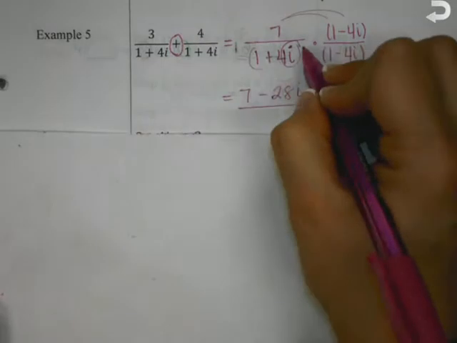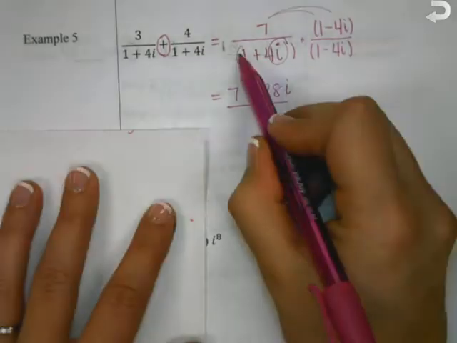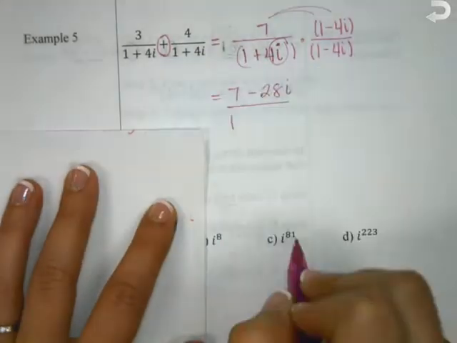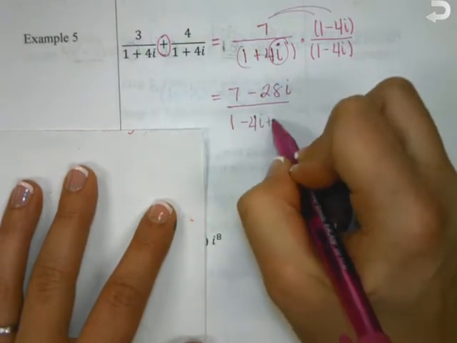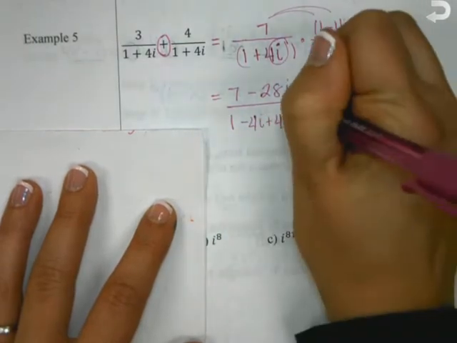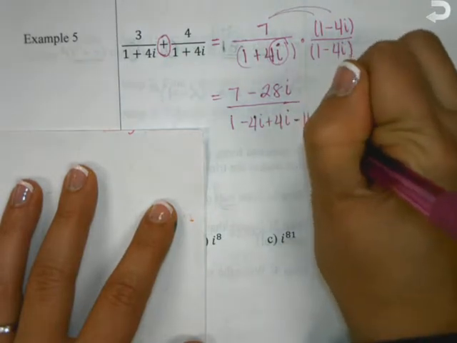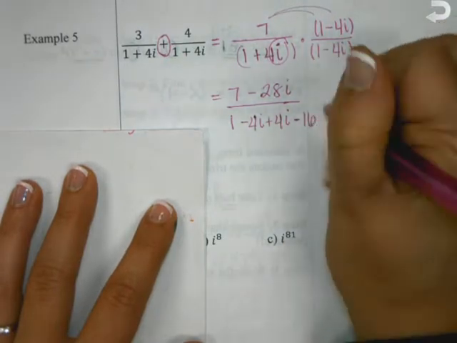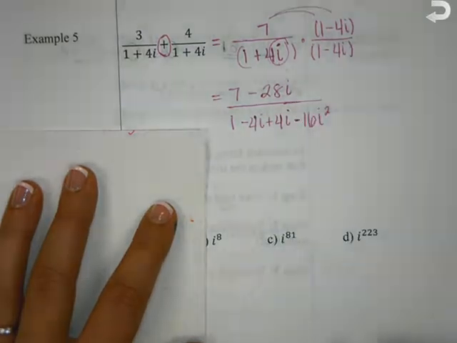And then 4i times negative 4i is minus 16, since 4 times 4 gives me 16, i squared. So that is on the bottom. The 4i's cancel. 1 minus 16 times negative 1.